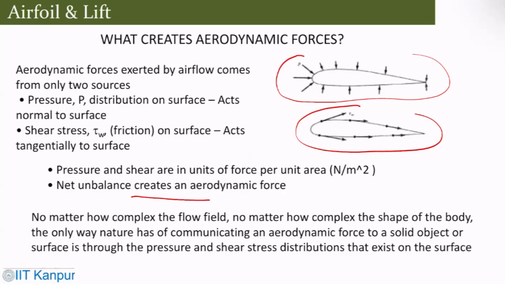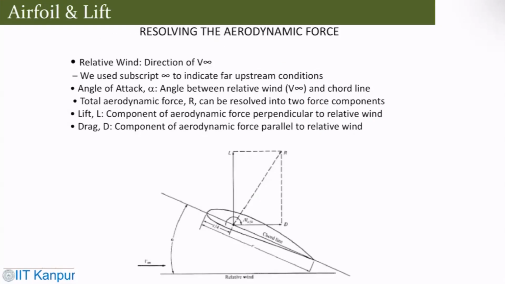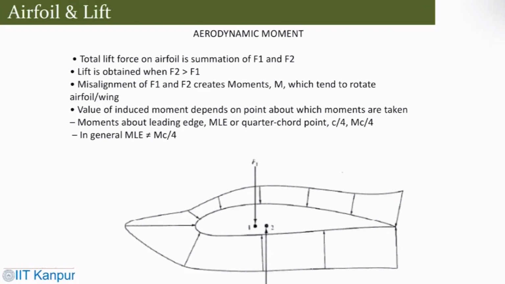Now you can see this airfoil, which has an angle of attack alpha. This is the relative wind and these are the components of the forces. The total resultant force is R, and you have two components: the lift component, which is perpendicular, and the drag component, which is parallel to the relative wind. And then the aerodynamic moment.